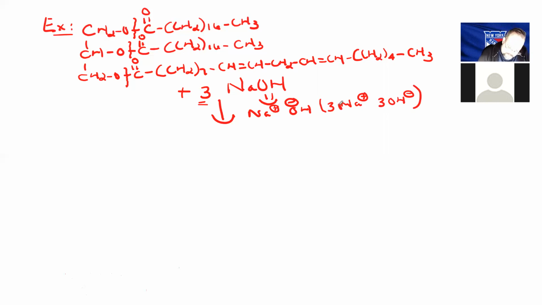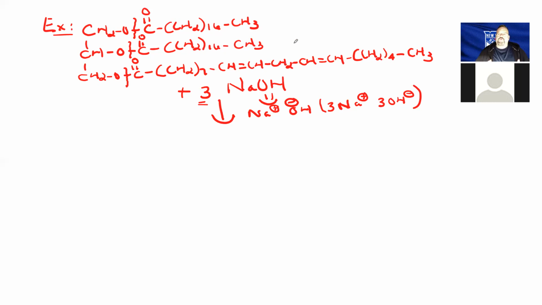Now, as I talked about in the notes, and what you'll see me do here, is that I recommend, just like we did with esters, drawing the 3 fatty acids that initially form. So I'm going to do some side work. Now, for the 3 fatty acids that initially form, are they all going to be different? Are they all going to be the same? Well, they're not all going to be the same, and they're not all going to be different. 2 of them are going to turn out to be the same, and the third one is going to be different.